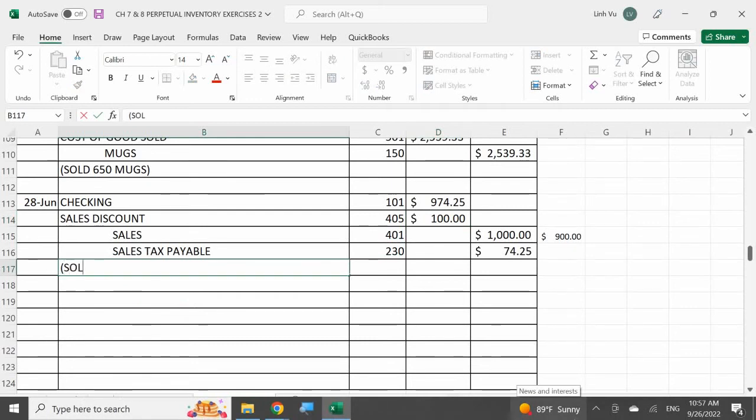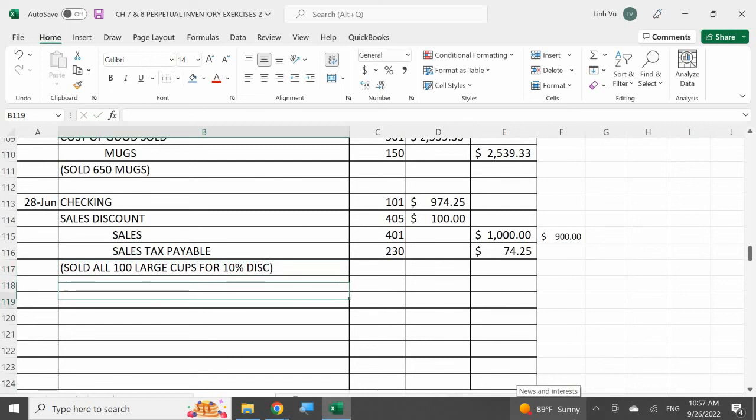So in this case, I gotta make a note here. Sold all 100 large cups for 10% discount. Okay. All right. And then now we need to update my inventory.